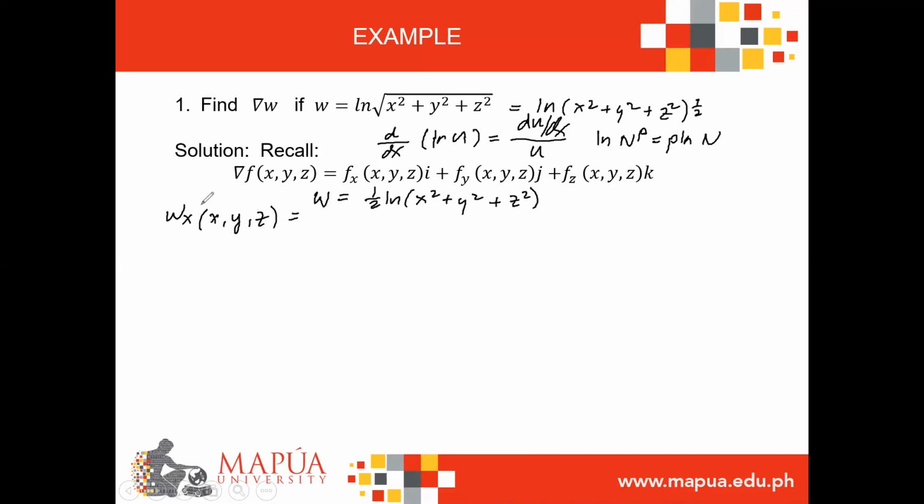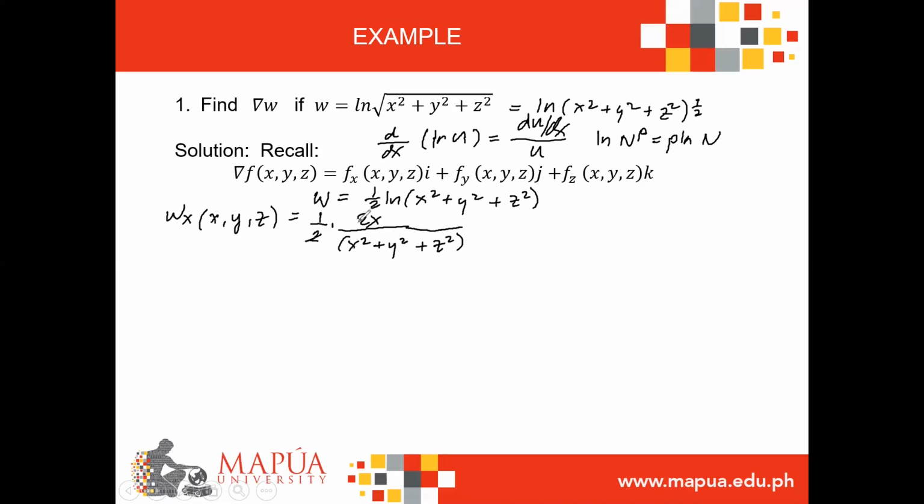So let's now get the partial of w with respect to x. Applying this formula, we have the constant 1/2 multiplied by the derivative of the given function u, which is x squared plus y squared plus z squared, with respect to x. y and z will be considered as constants, so the derivative of x squared is 2x all over u, where u is the quantity x squared plus y squared plus z squared.